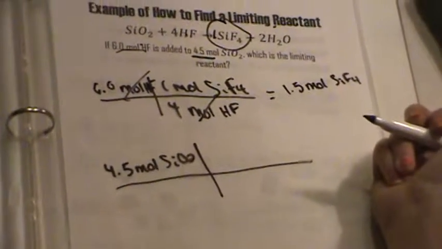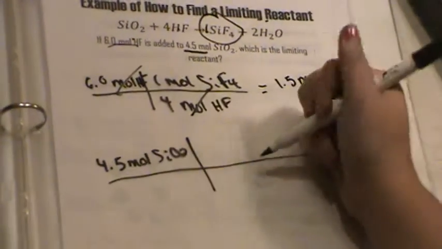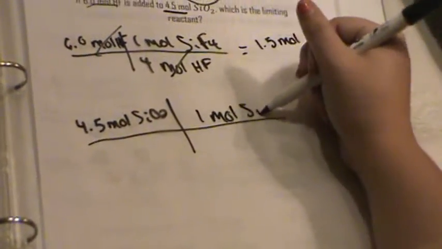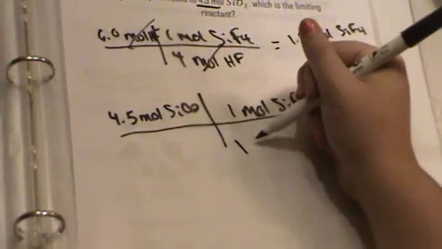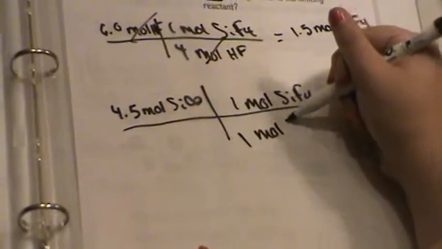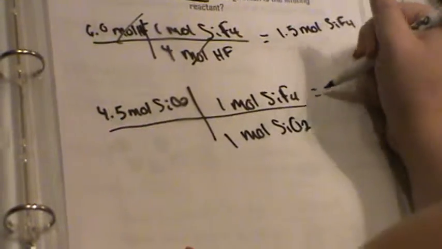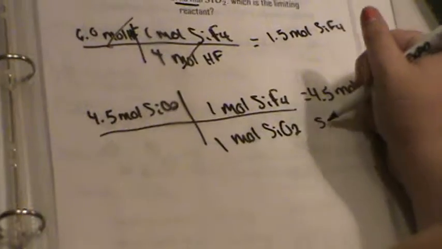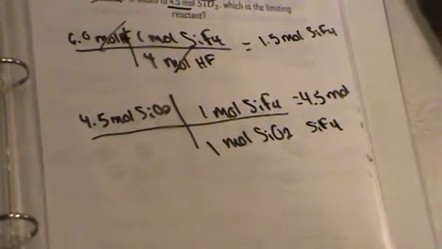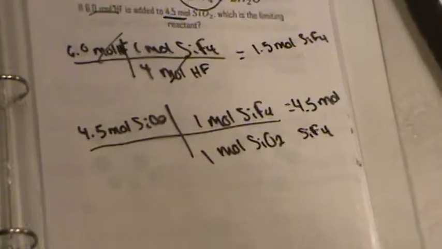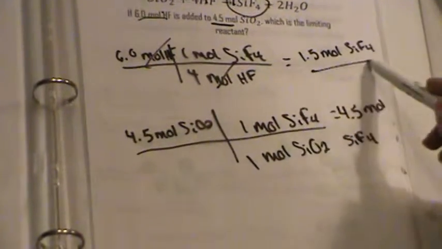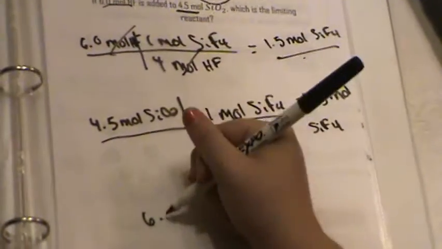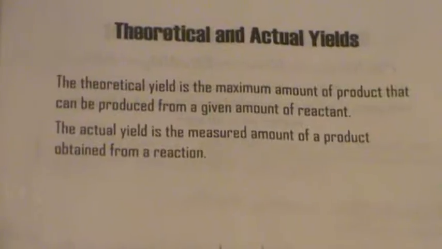So you have one mole and 1 mole, which equals 4.5 moles. So what you do is you look at these two numbers, and the number that's the smallest is from your limiting reactant. So your limiting reactant would be 6.0 moles.